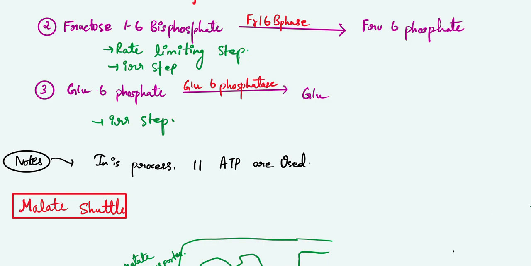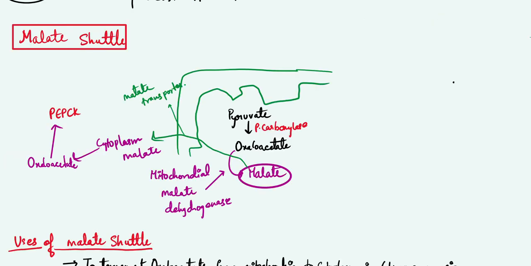Now we're moving to the topic malate shuttle. The malate shuttle is a process in which the oxaloacetate from the mitochondria is transported to the cytoplasm in gluconeogenesis. In a nutshell, the malate aspartate shuttle is a biochemical process that transports NADH from the cytoplasm into the mitochondria.